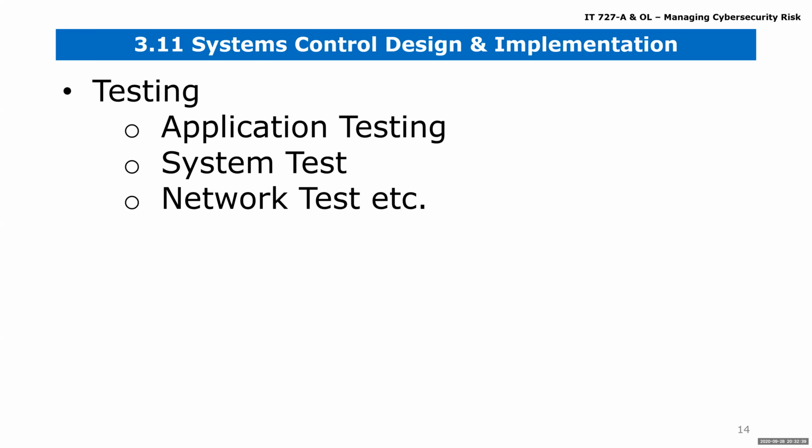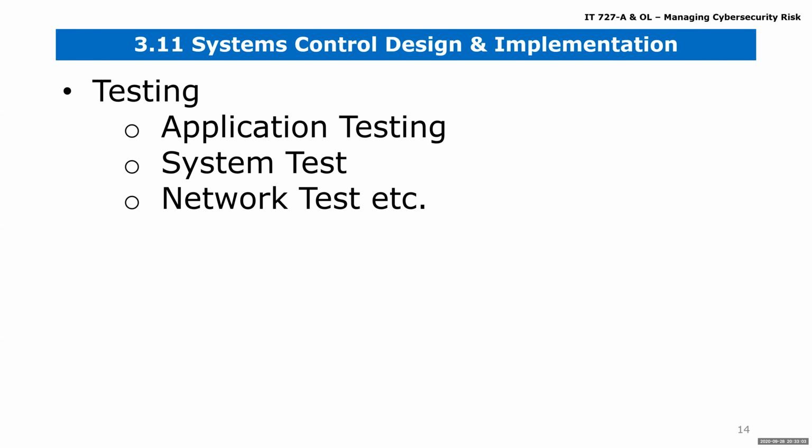Application testing involves testing various different things at the application layer, right? This is where you do things like unit tests, code review, regression testing, fuzz testing, all of those things, like looking into the OWASP Top 10, right?